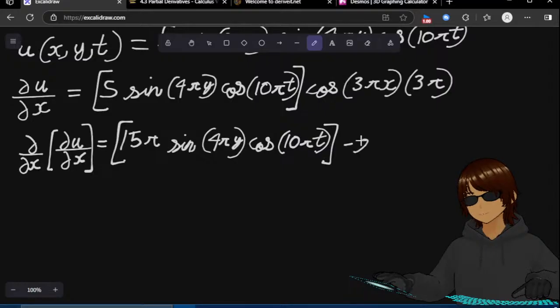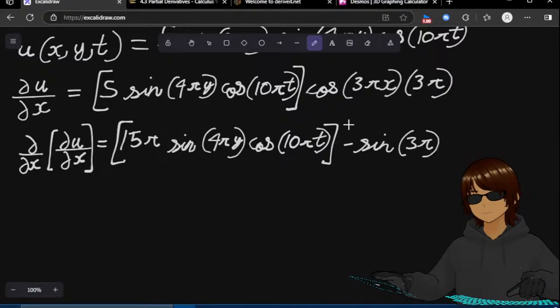Then this will be minus sine 3 pi x, and then 3 pi.